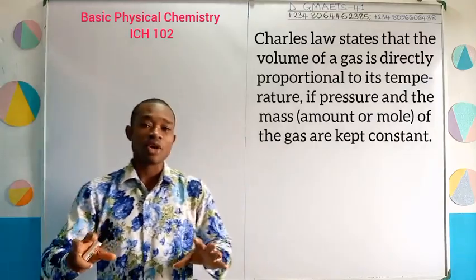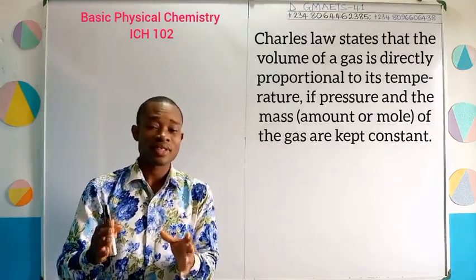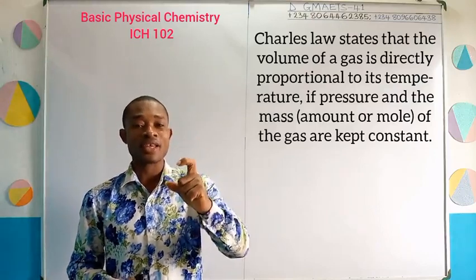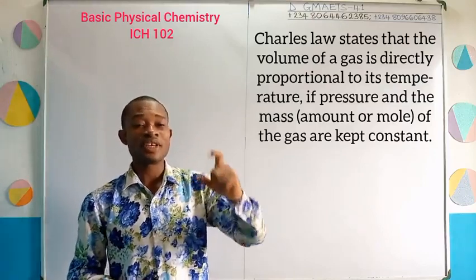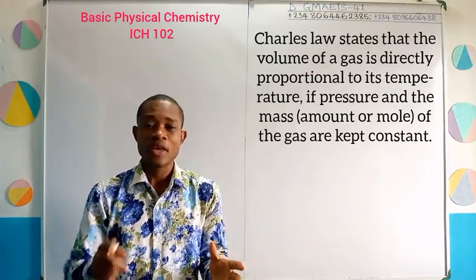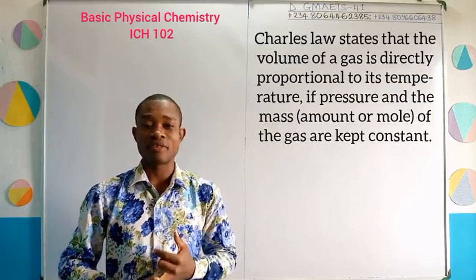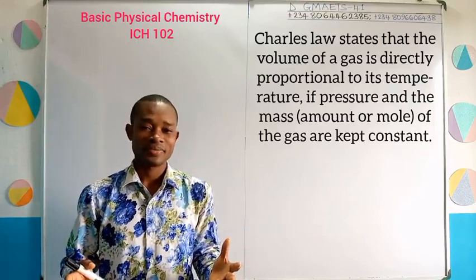So you see from this law, Charles is telling us that the volume of an ideal gas will be directly proportional to its temperature if we keep the pressure of the gas constant and the mass of the gas constant.